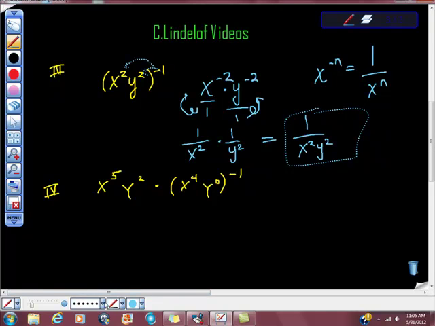This last problem is not more difficult, it's just more involved. You can do this a lot of ways. You can distribute the exponents in here, so we'd have x to the 5th y squared. This multiplication sign is this one, so we'd have x to the negative 4 y to the 0, because negative 1 times 0 is still 0.